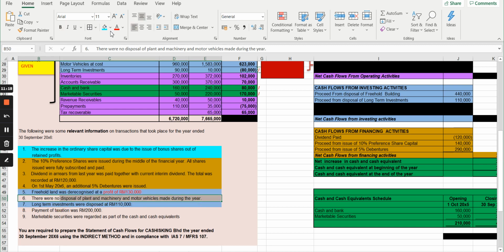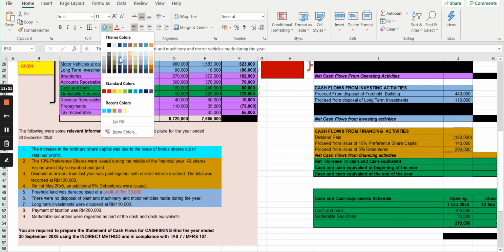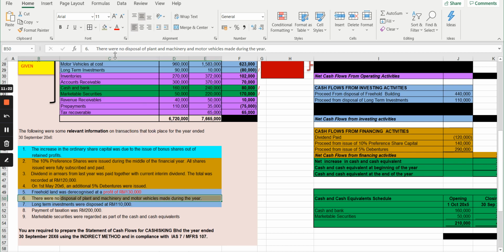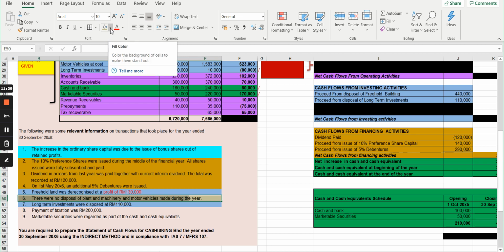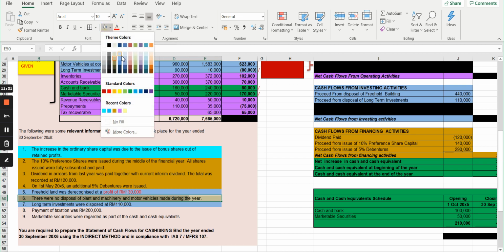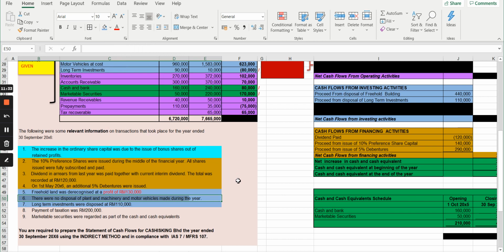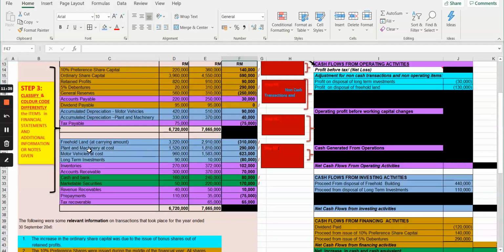It says that there are no changes that were due to disposal. So meaning to say that if there are no changes due to disposal, the changes are solely due to the purchase being made, because no information is stated other than no disposal.